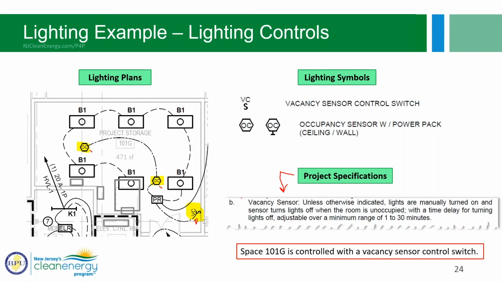And we looked this up in our specifications for this example, and it tells us that the lights are manually turned on for this vacancy sensor, and that the lights are turned off automatically with a time delay. And there's an adjustable range from 1 to 30 minutes. So great, we've got the full picture here. It's a vacancy switch. The occupant will come in, they'll turn it on, and after a set amount of time, if no one's perceived to be in the room, the lights will shut off.